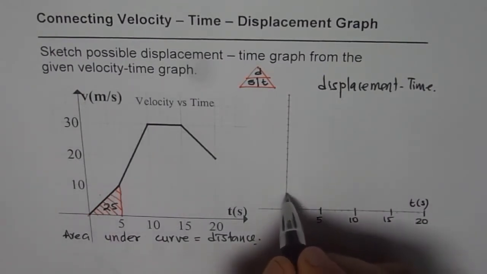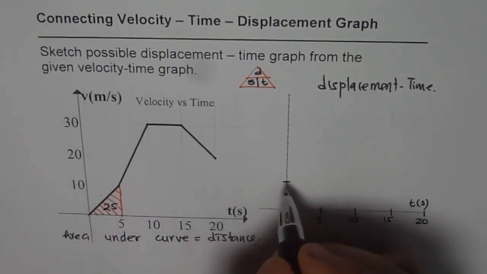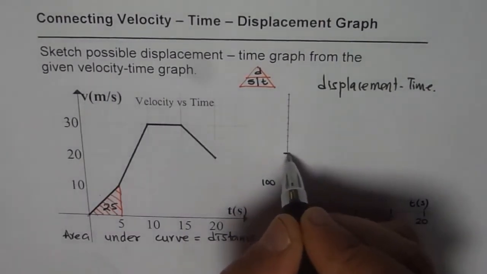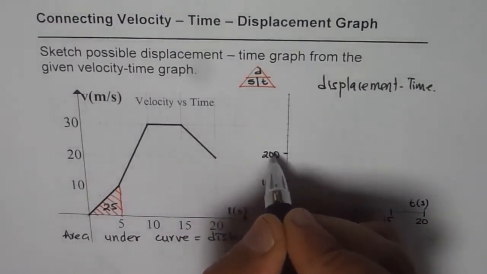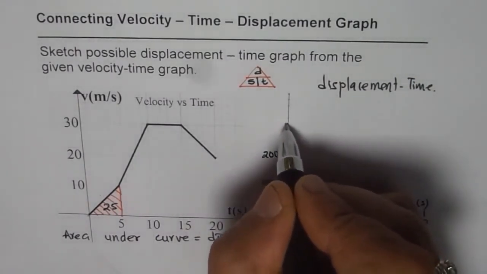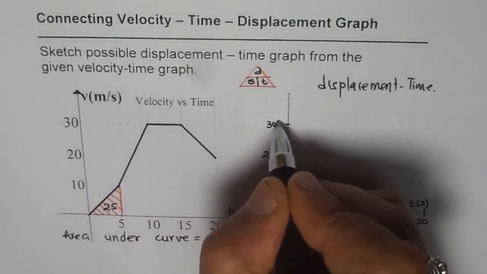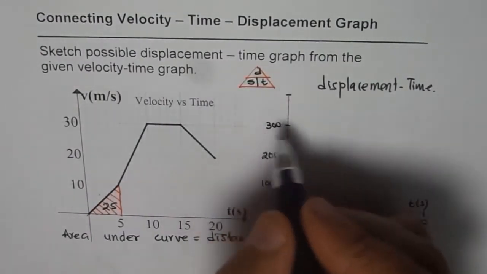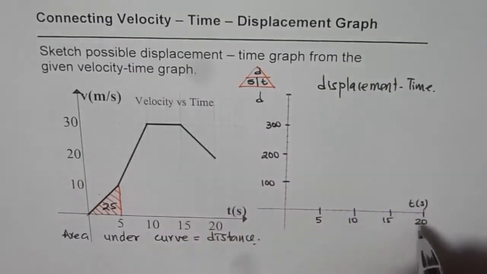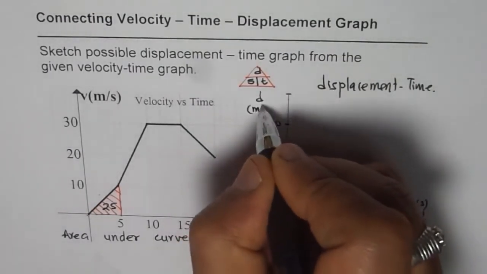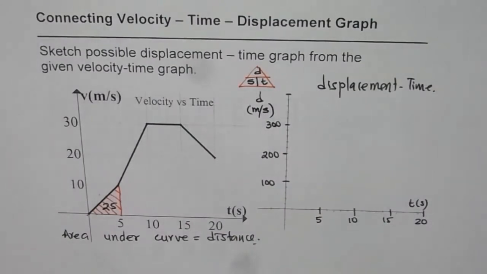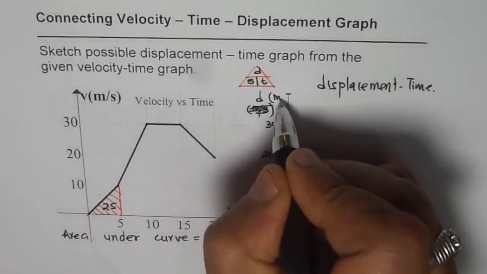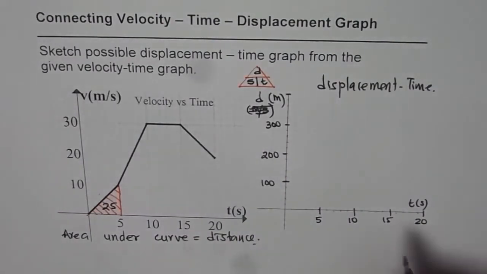We'll make each division 100 meters. That becomes 200, 300, 400, right? Well, let me write displacement here. Displacement will be in meters, correct? Displacement is in meters, time is in seconds.